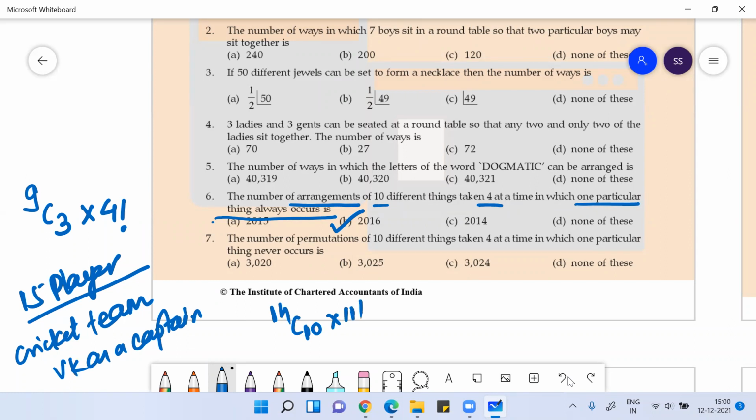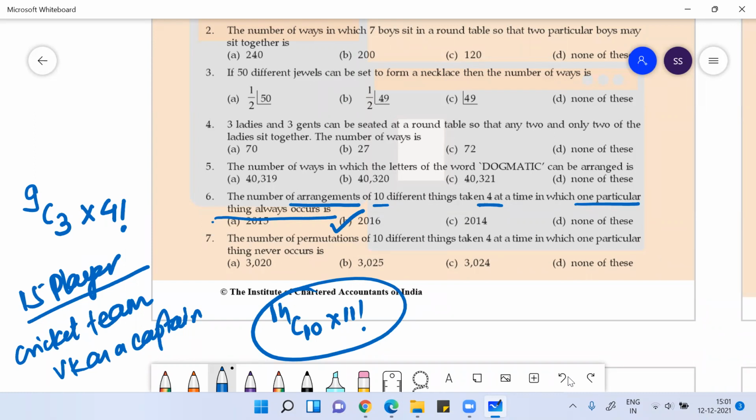Because Virat Kohli is the captain, that one player won't be part of the selection process. From 14 players, you need to choose 10 players. Then you get all the 11 players, and those 11 players you can arrange in 11 factorial.